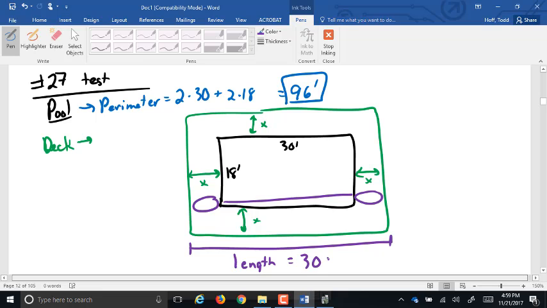So that is 30 plus 2X. The new width is 18 plus X on either end. So that's 18 plus 2X. So I'm going to pause there. Any questions so far?